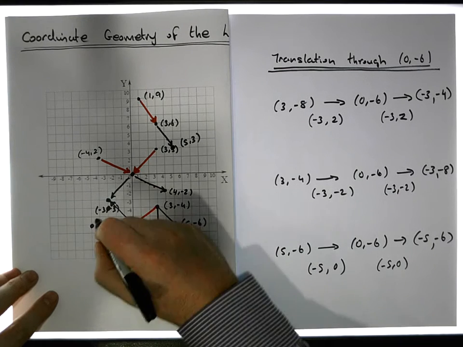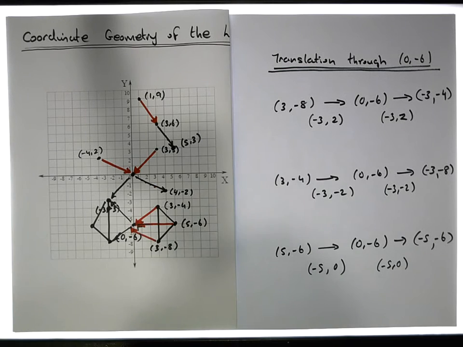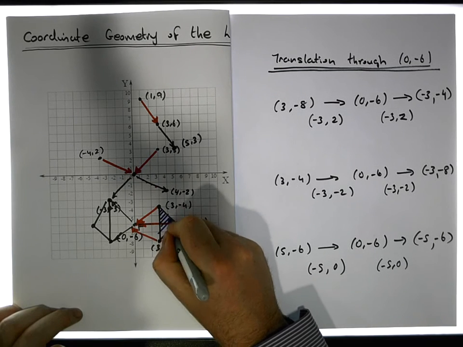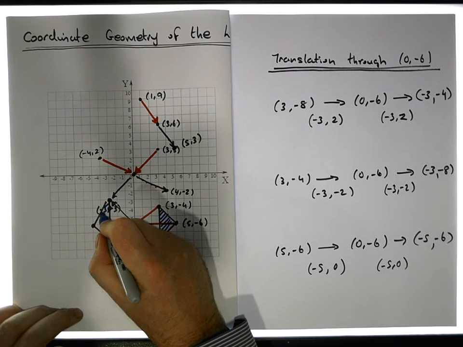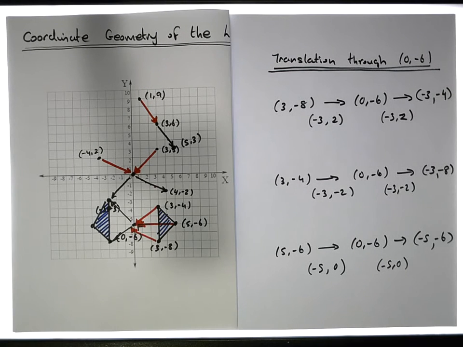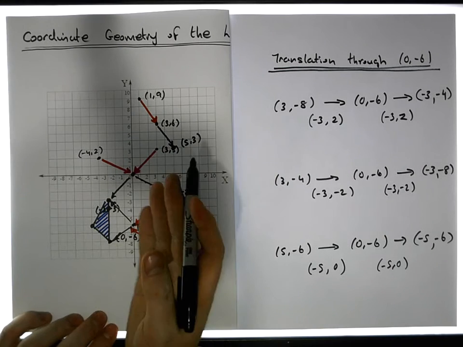So what's actually happening is we have a triangle. This blue triangle here has been translated through to this blue triangle here, all using translations. Actually, this is like a reflection, if you think about it.